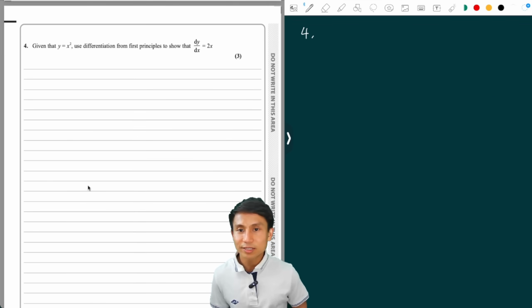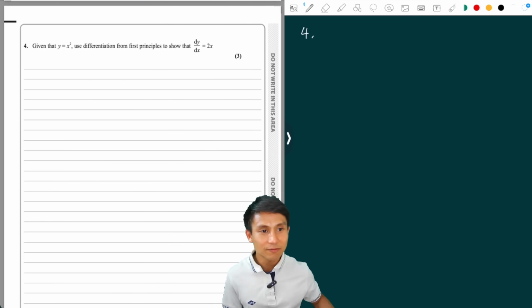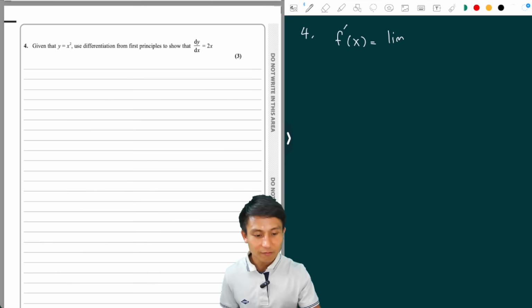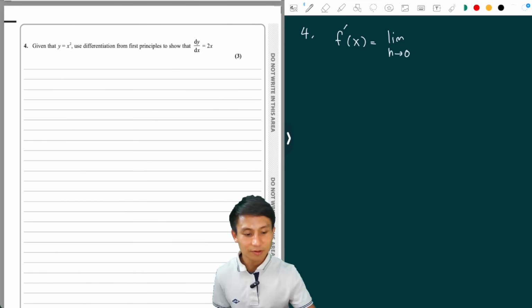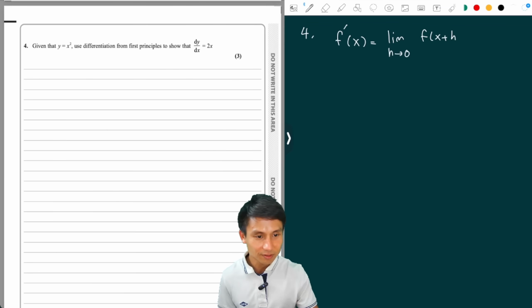The way to do this is to actually use the first principles formula, and let me check the formula sheet if there is first principles. Yeah, so if you look at the formula sheet, you should be using this one. The derivative of f(x) is the limit of this function right here, limit of h going to 0 of this very function.